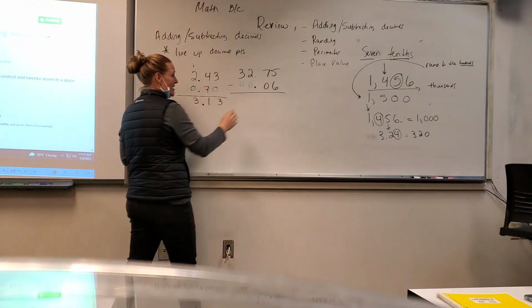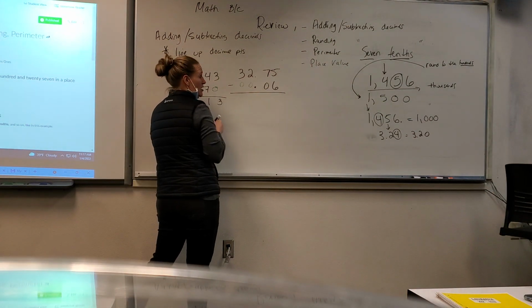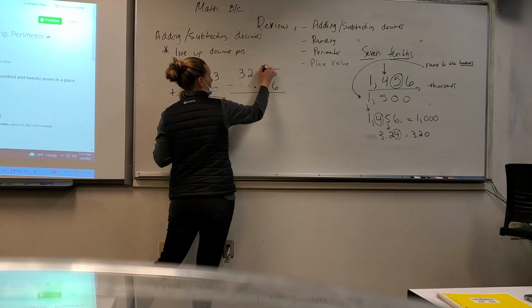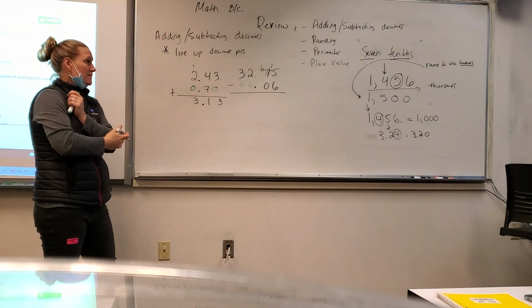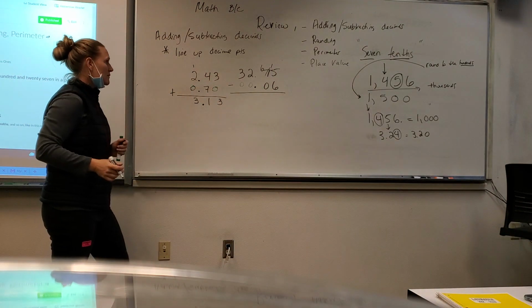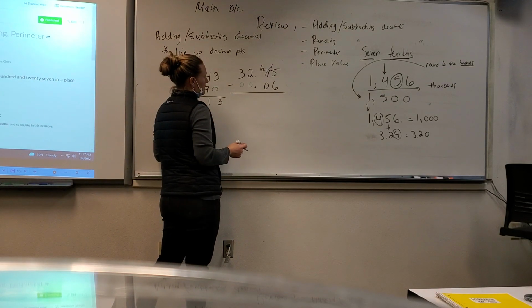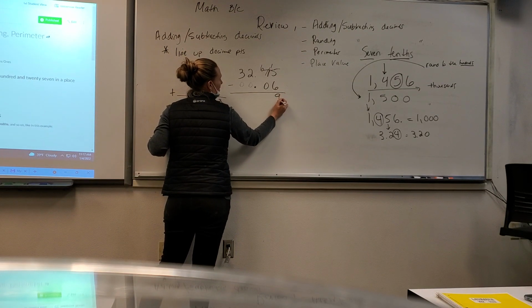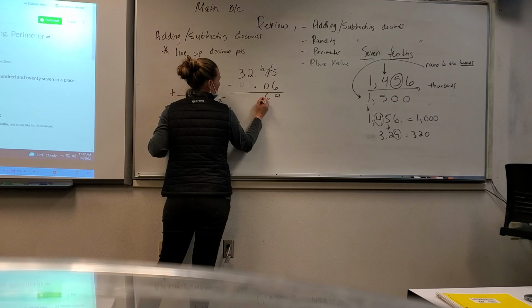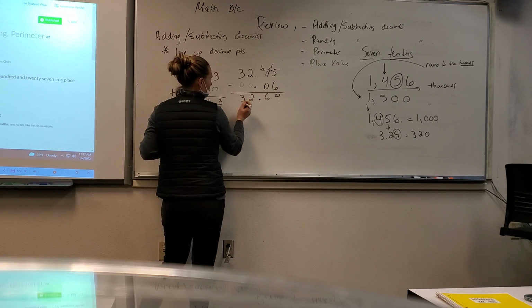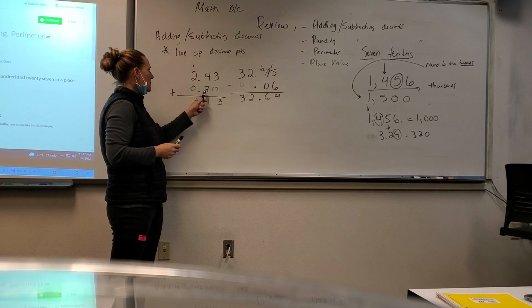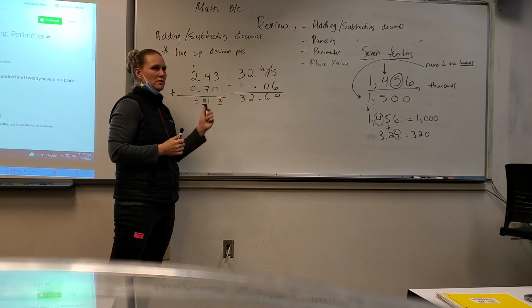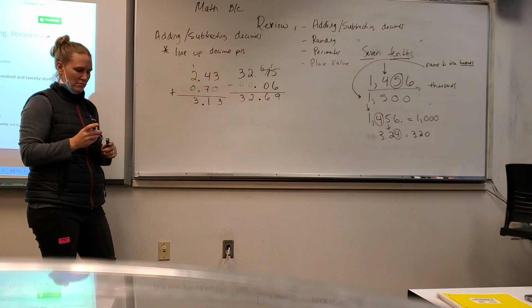I cannot take 6 away from 5, so I have to borrow from the 7, which makes that 15. So then I've got a 9, 6, I bring my decimal point straight down, 2 and 3. So the key here is just line up your decimal points, fill in the blanks with zeros, and then add or subtract.